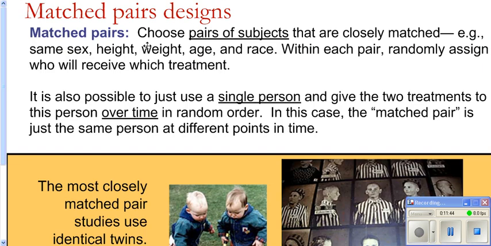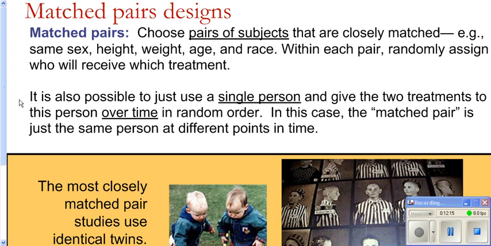You also want to consider matched pairs. Matched pairs are pretty much where subjects are closely related. Could be the same sex, height, weight, age, and race. Or it could be looking at twins, where one twin is assigned something and another twin is not. Or it could be a matched pair where you're looking at a before and after situation, but still only with one person.